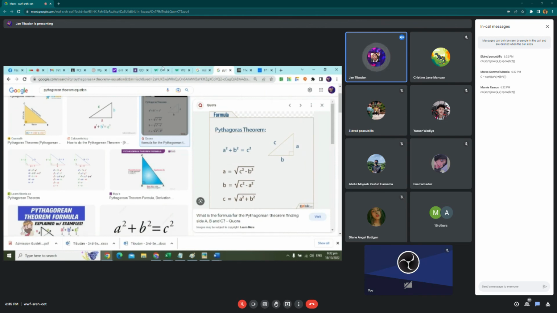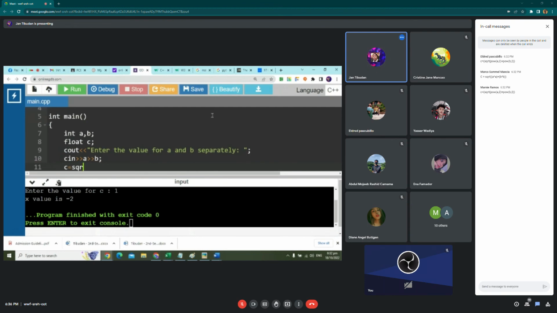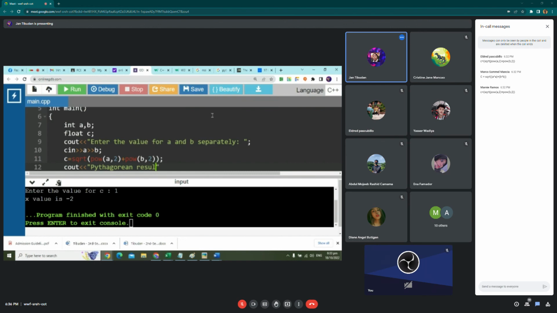So, square root, ani din, class, square root of, sulod na to parentheses, A squared plus B squared. So, pwede ito, A squared plus B squared. Okay? So, pwede na siya, class. So, C out, Pythagorean result of C is, ano na yan?